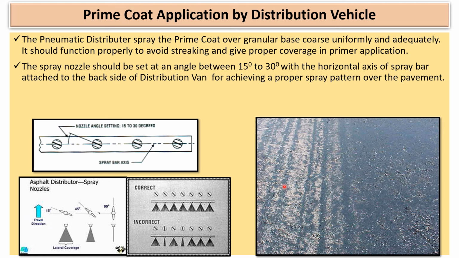The nozzle in the spray bar can operate between 0 degree to 90 degree. Proper spray pattern can be achieved by setting the nozzle with an angle 15 degree to 30 degree with the horizontal.